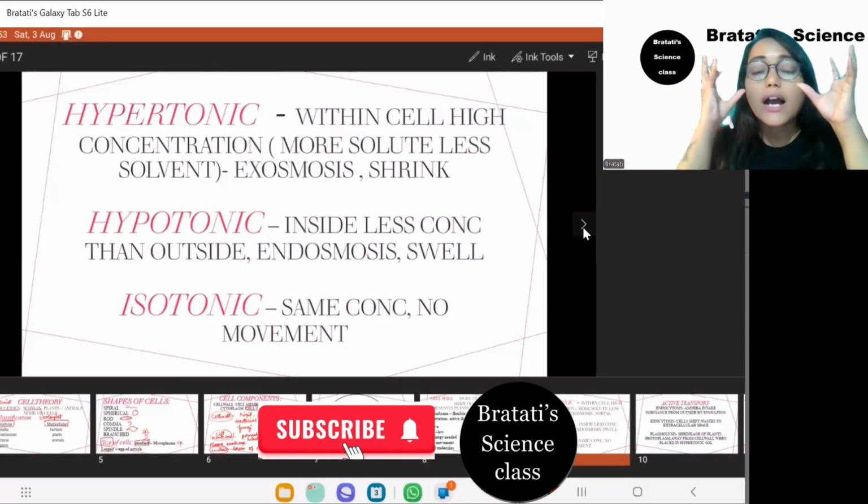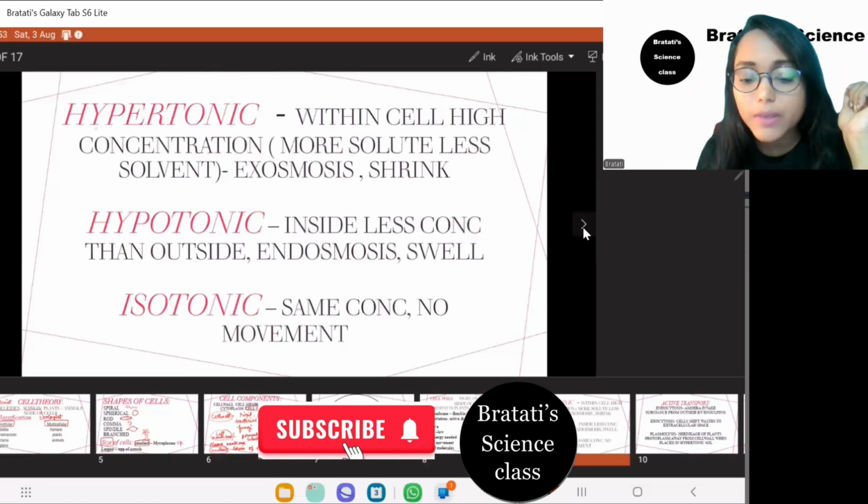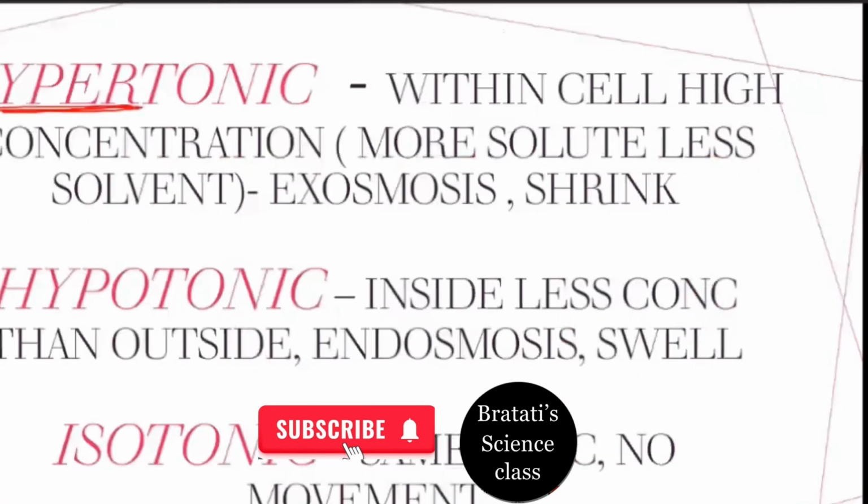So now we are going to learn about the different types of solutions present in the cell. Hypertonic solutions. Name it hypertonic. If it is hypertonic, that means this is the cell, inside is the nucleus, and inside the solute is more in number compared to the solvent. If the solute is more, solvent is less, the concentration is more inside compared to the outside.